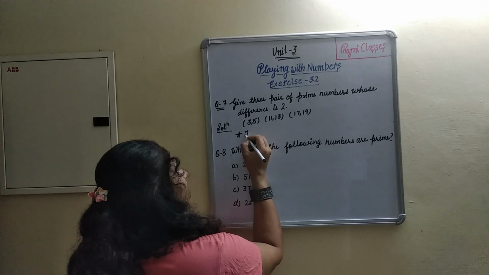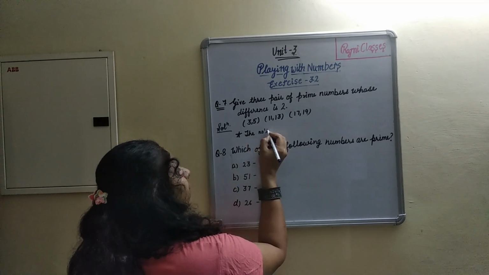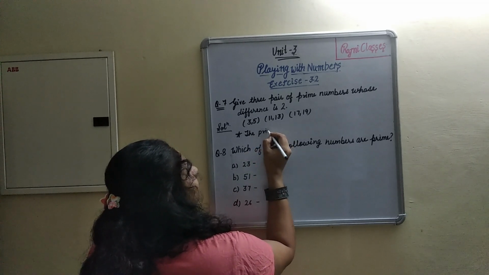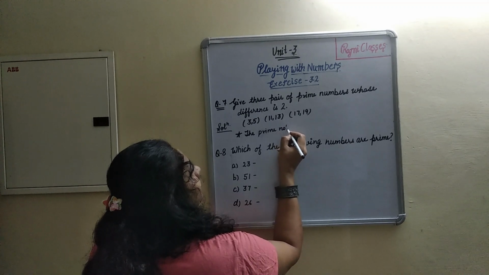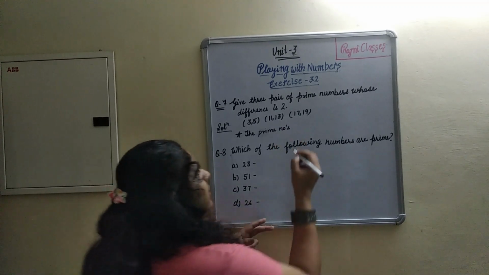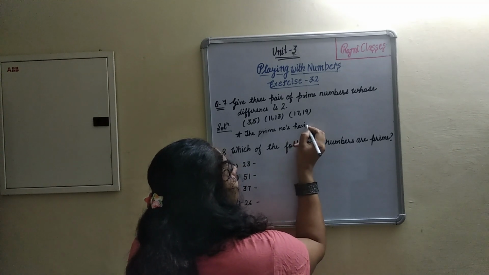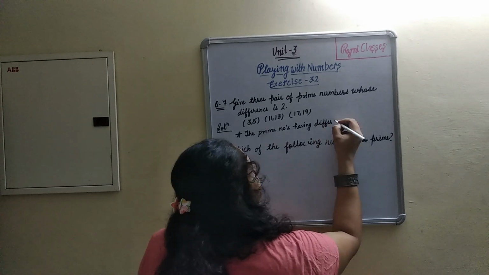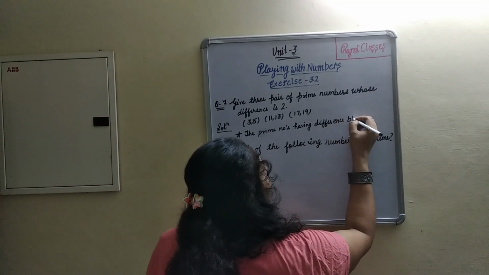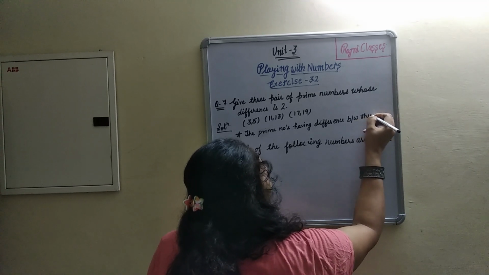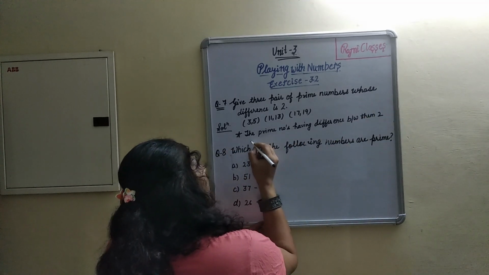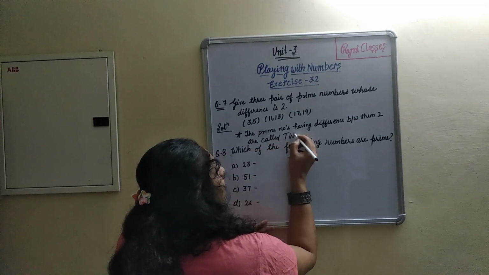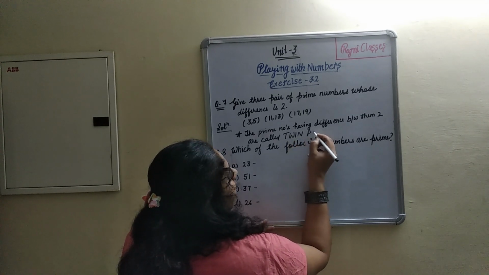The prime numbers, or we can say pair of prime numbers having difference between them 2 are called twin primes. Okay?